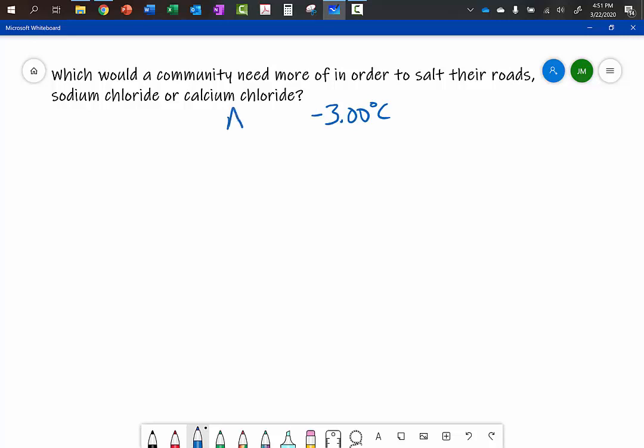What does that mean? It means that my delta TF should equal negative 3.00 degrees Celsius. In other words, my negative delta TF should equal 3.00 degrees Celsius. All right, so for this, I'm going to look at sodium chloride, and then I'm going to look at calcium chloride.